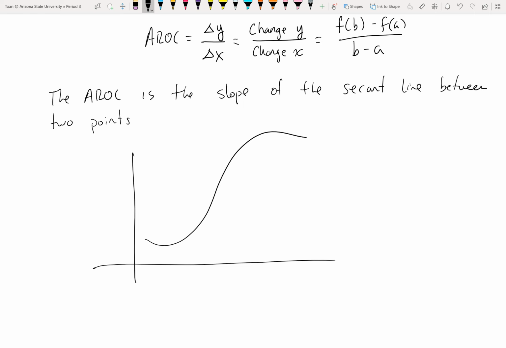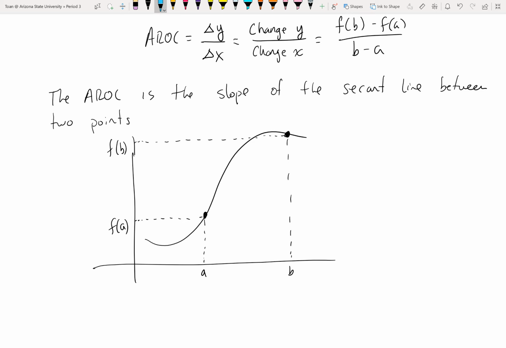Right. If I were to look at any 2 points, say this point here at x equals a, which of course has a y value of f of a, and say I want to look at this point here at x equals b, and he has a y value of f of b, what the AROC, or average rate of change, is taking a look at is this vertical distance here.